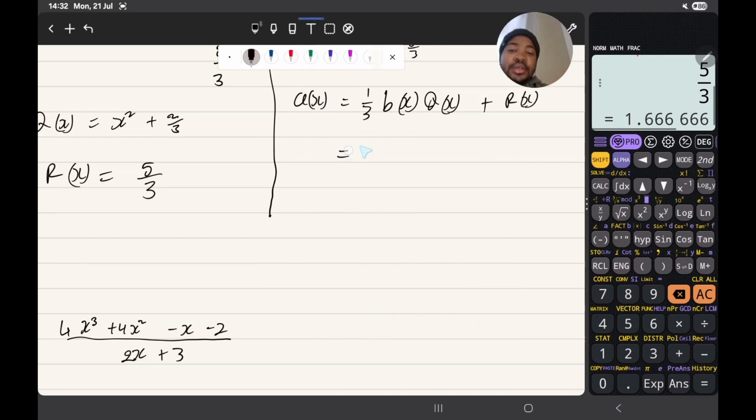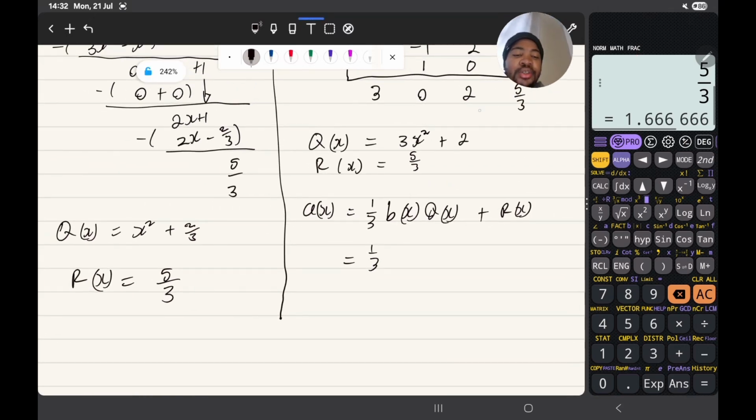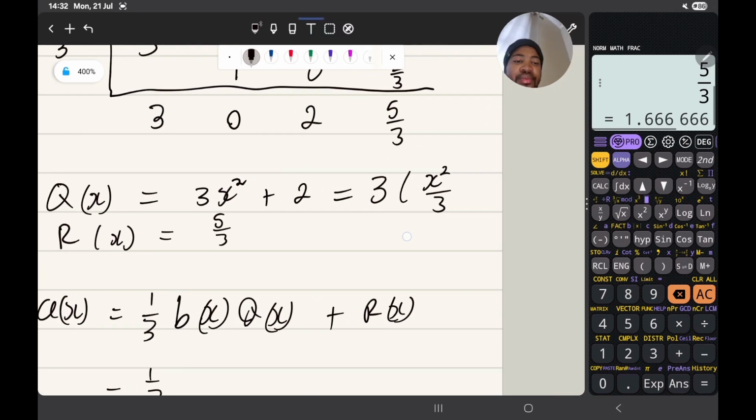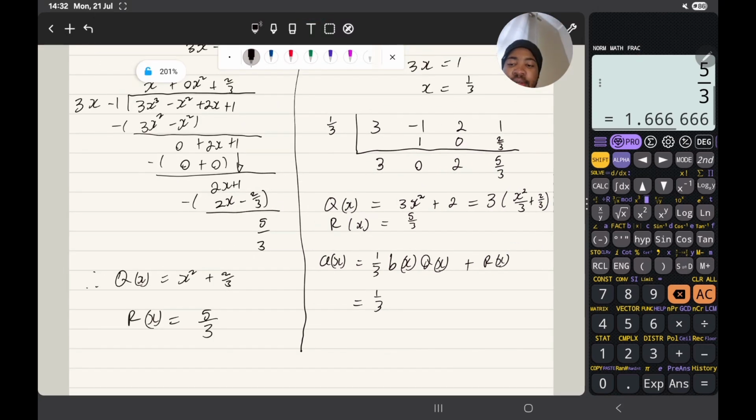So it's 1 over 3. Here, let me write your quotient also as 3 into x squared over 3 plus 2 over 3, right?